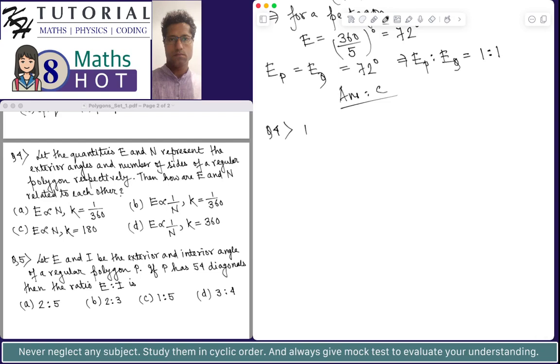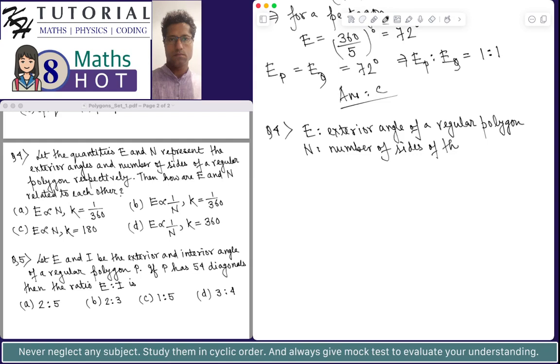So E is representing the exterior angle of a regular polygon, and N the number of sides of the regular polygon. Now it is asking, how are E and N related to each other?